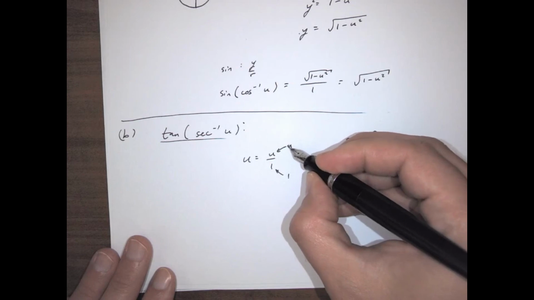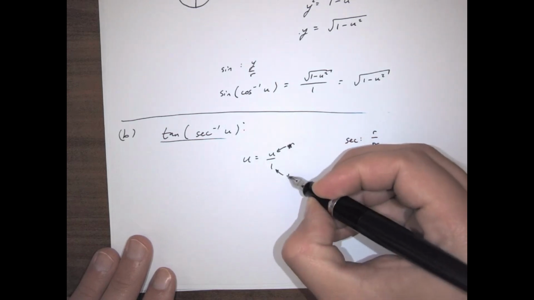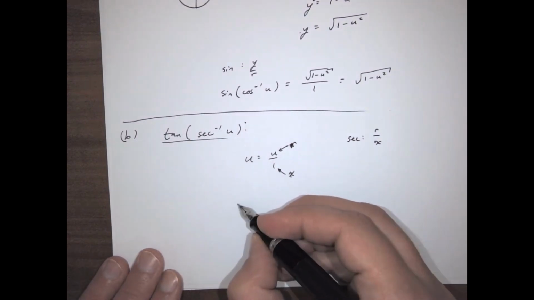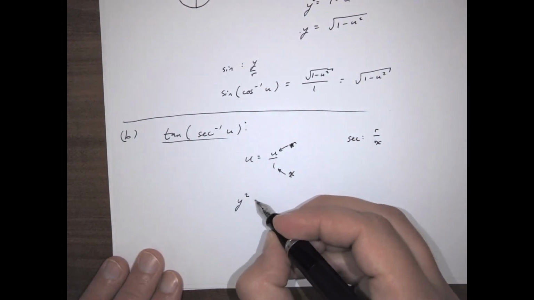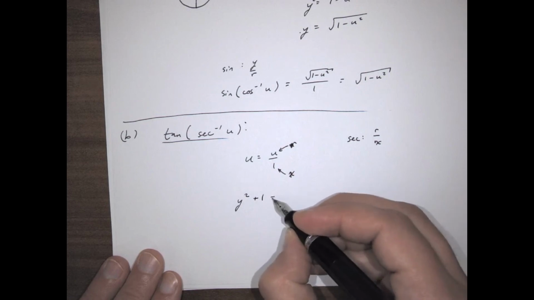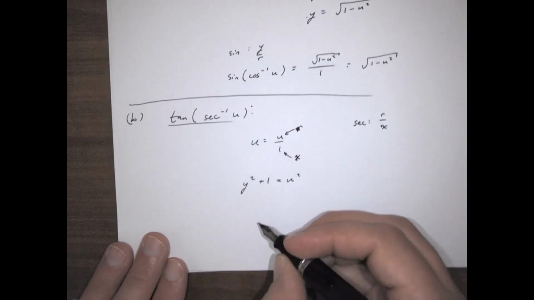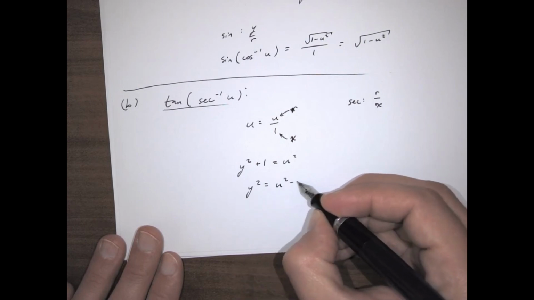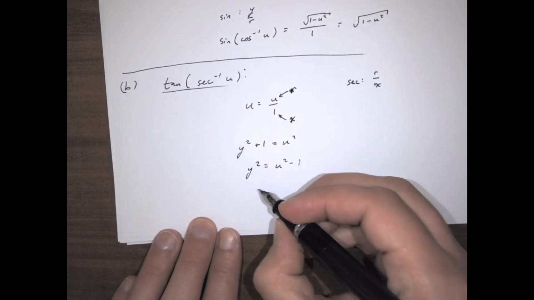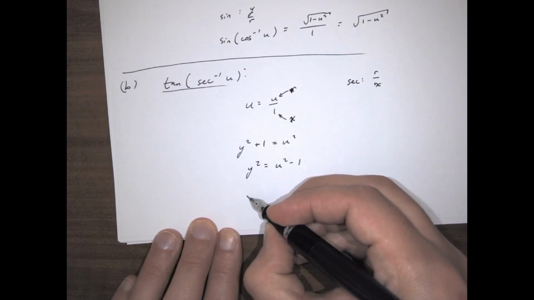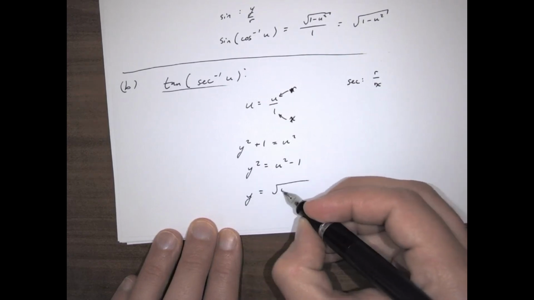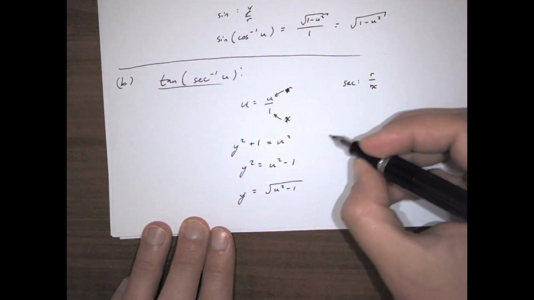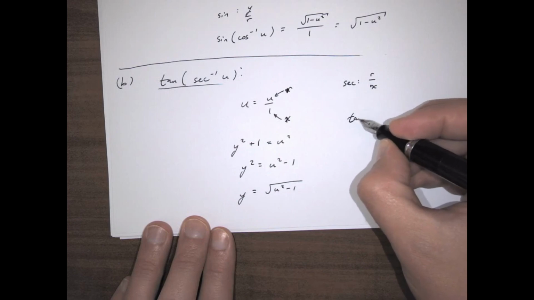So the radius and the x. Then, mystery y squared plus the known 1 equals u squared. And I solve that for y: y squared is u squared minus 1. Take the square root of both sides. Y is equal to the square root of u squared minus 1. Now we look back at the original thing, and we are supposed to be making a tangent.